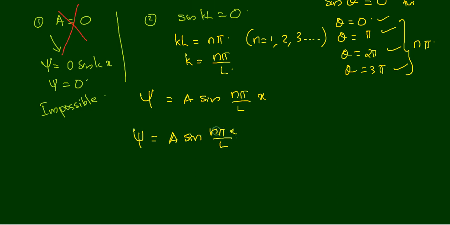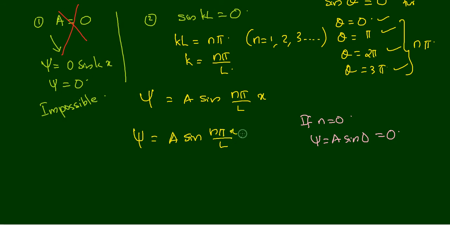Now you can give the possible values of n. If you give n is equal to 0 here, what's the consequence? If n is equal to 0, then psi is equal to A sin 0, that is equal to 0 always. Whatever value you are giving for x, that doesn't matter.